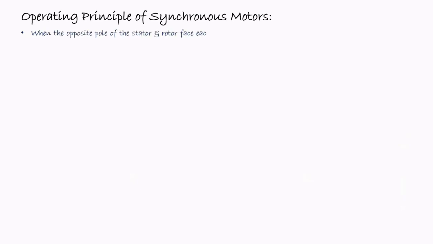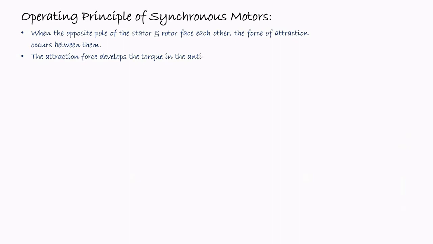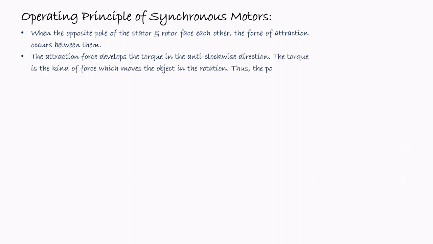When the opposite poles of the stator and rotor face each other, a force of attraction occurs between them. The attraction force develops a torque in the anti-clockwise direction. The torque is the kind of force which moves an object in rotation.